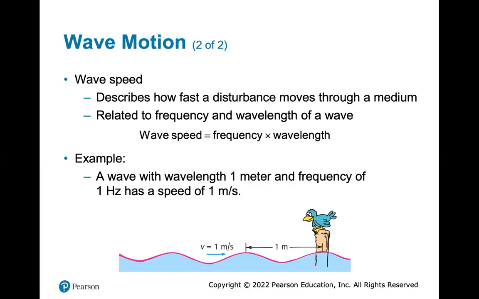But the wave motion is related to the speed of the wave in the water. Like the speed of sound in water is a given amount. And I don't know what it is. It's faster than the speed of sound in air. The speed of sound in air is about 340 meters per second. In metal, it's very fast. Depending on the metal, it's thousands of feet per second. So the speed of the wave depends on the medium.